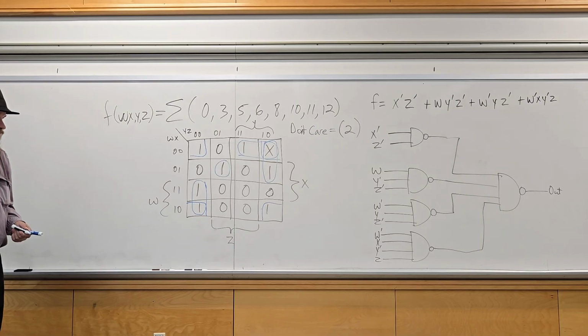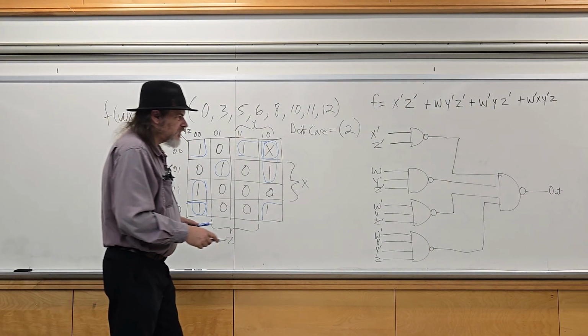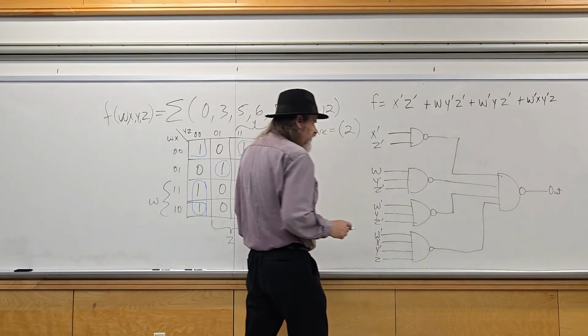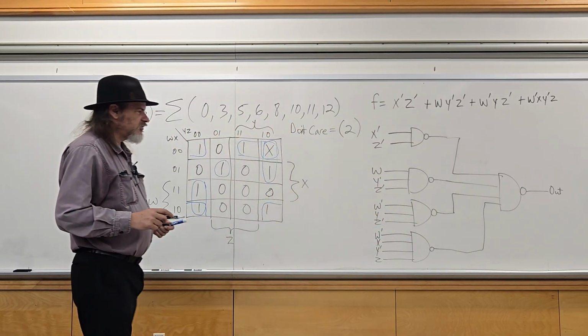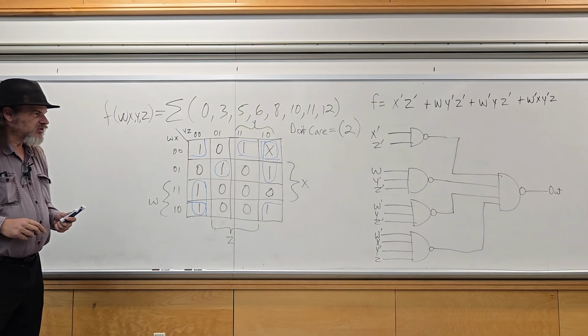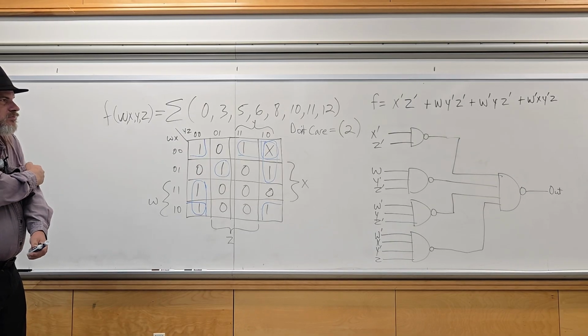So if you feel like drawing out the 3-input and the 4-input NAND gates, you can, or you could just use the 3 and 4 input varieties as one symbol.